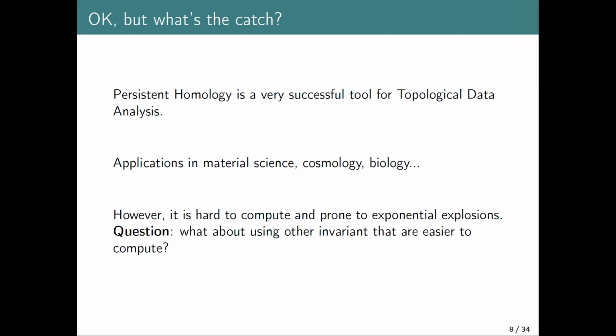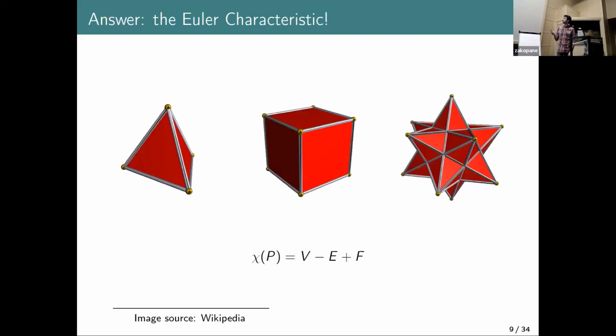So can we use any other topological invariants that maybe are easier to compute to extract knowledge from our data? If you start thinking about what's the easiest topological invariant, well, the answer is probably the Euler characteristic. The Euler characteristic is probably the oldest and most famous topological invariant, introduced by Euler to describe polyhedra.